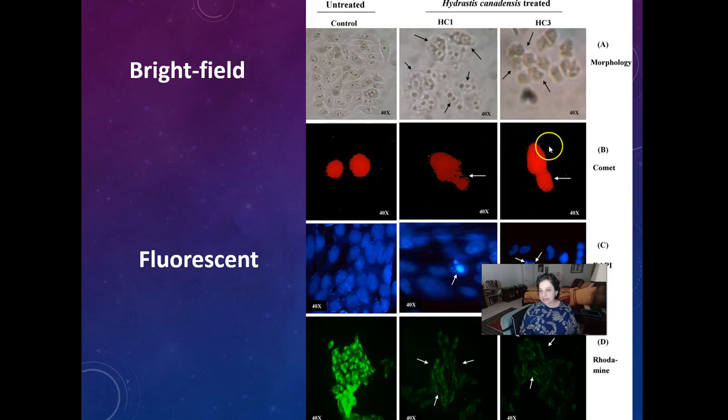So here is an example of two different ways that we can get these images and then make our observations. One of them is what we call bright field. In bright field microscopy, you just have images of cells.